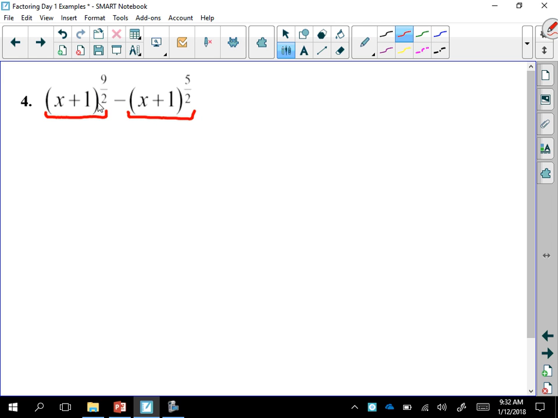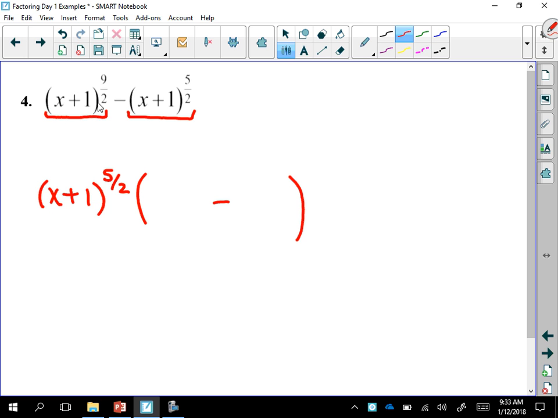It's going to separate our terms. Is there a GCF? There is. We know that both of those terms have an x plus 1. Then we just have to decide the exponent, but we always take out the smallest one, which in this case would be 5/2. And then we're going to see what's left over.